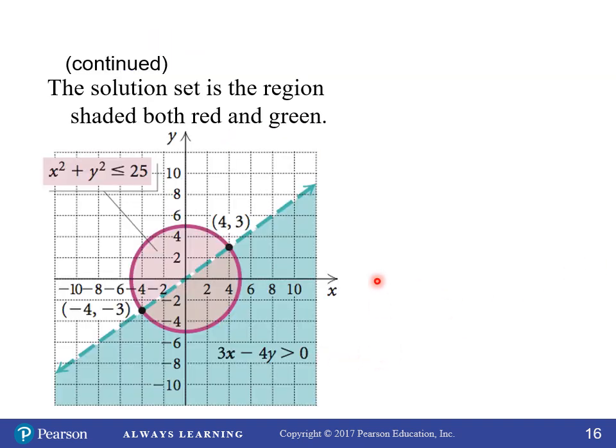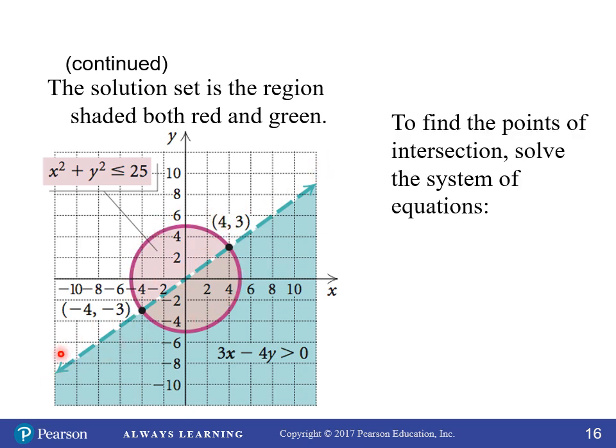So here's the solution, and you have this on your graph there. We see that the circle was everything inside the circle. Here was our line that we graphed, and we found that it was everything below the line. And so where they intersect is just this part right here in the circle.